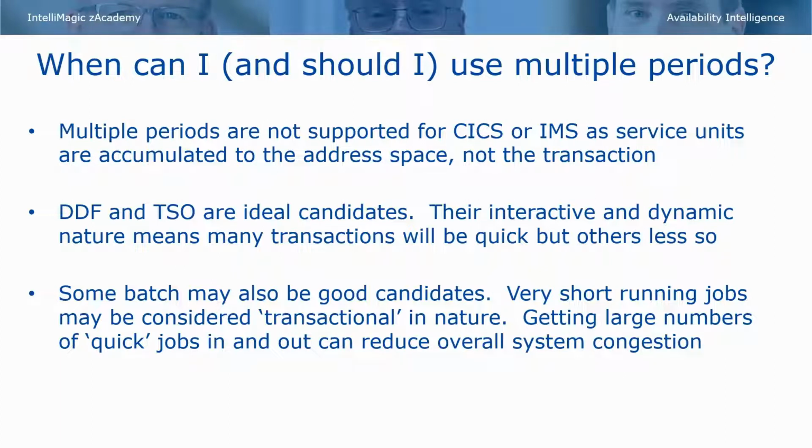The short-running, well-behaved critical transactions get in and out, and you can safely give them a high priority because you've got a short duration. Those that run a bit longer, they'll still do okay. They'll move down to that middle period and get a decent amount of service. And the hogs, which inevitably there are some that can ruin your day, will drop safely down to discretionary.